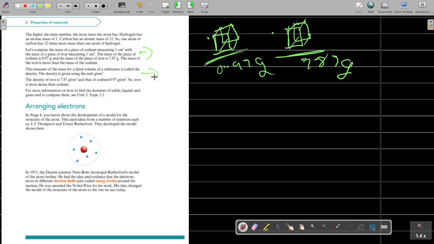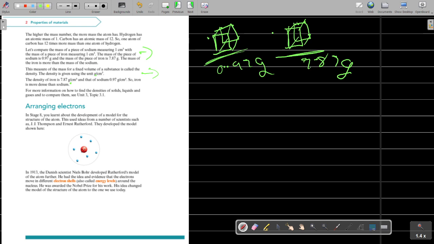This is the density definition. This measure of the mass for a fixed volume of a substance is called the density. The density is given using the unit g/cm³. The density of iron is 7.87 g/cm³ and that of sodium is 0.97 g/cm³. So iron is more dense than sodium. This g/cm³ is the unit of density.